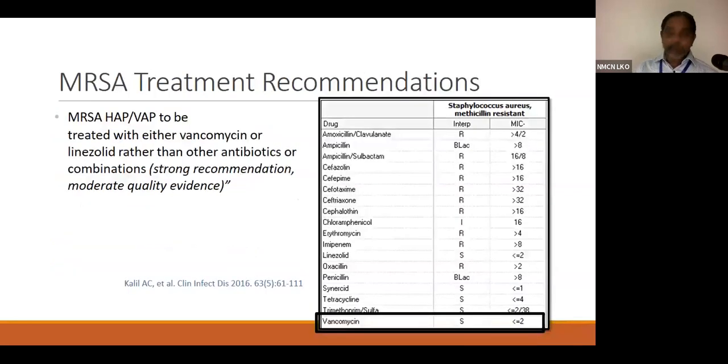So all these factors should be taken into account while selecting your antibiotics and the way you administer those antibiotics. So amongst the various choices which we have for MRSA, we usually use linezolid, teicoplanin, or vancomycin.